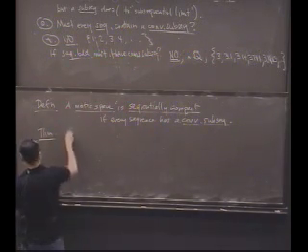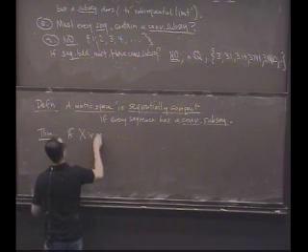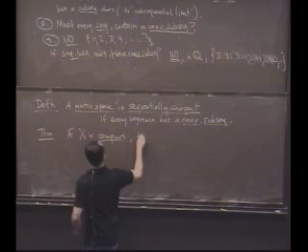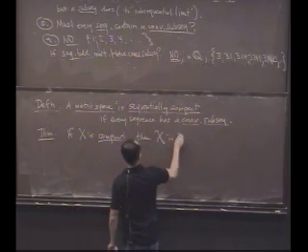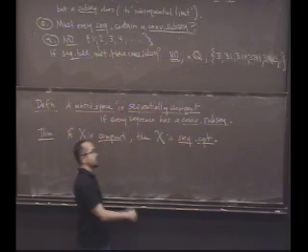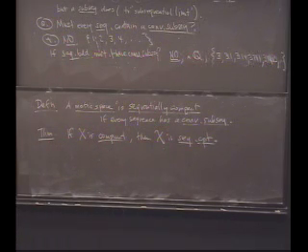So if X is compact, then X is sequentially compact. There's the theorem. The way your book says it, in a compact metric space, every sequence has a convergent subsequence.